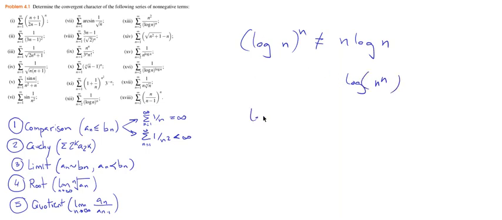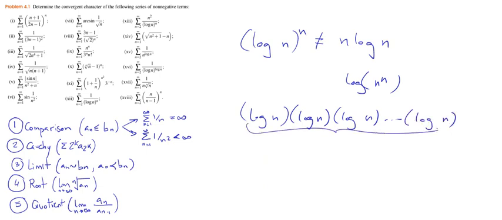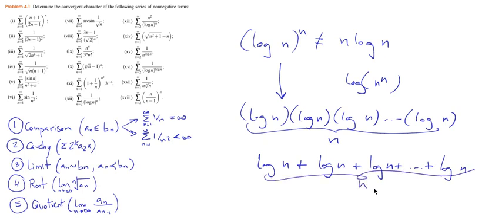This is the logarithm of n times the logarithm of n times the logarithm of n, and so on, n times. While n times the logarithm of n is the logarithm of n plus the logarithm of n plus the logarithm of n, and so on, n times. So please be careful with this. These two expressions are not the same.